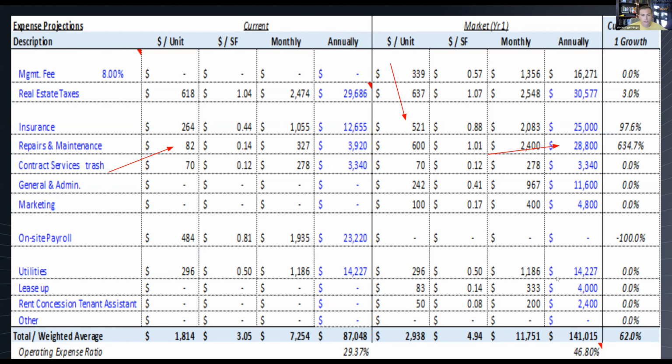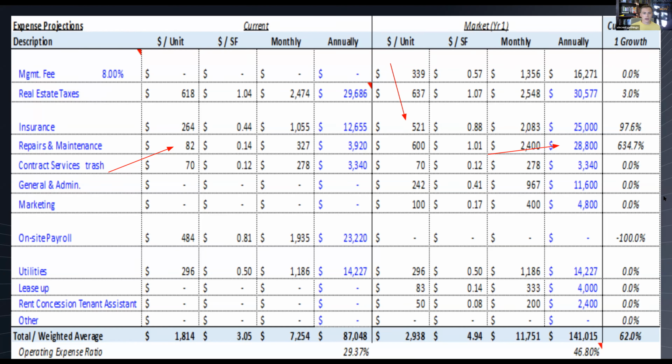Taxes are taxes. You just go to the county site and figure out what the millage rate is and how often they do appraisals, and by what method. Some cities do them every year, some every 2, 3, or 4 years. They'll do a reassessment.